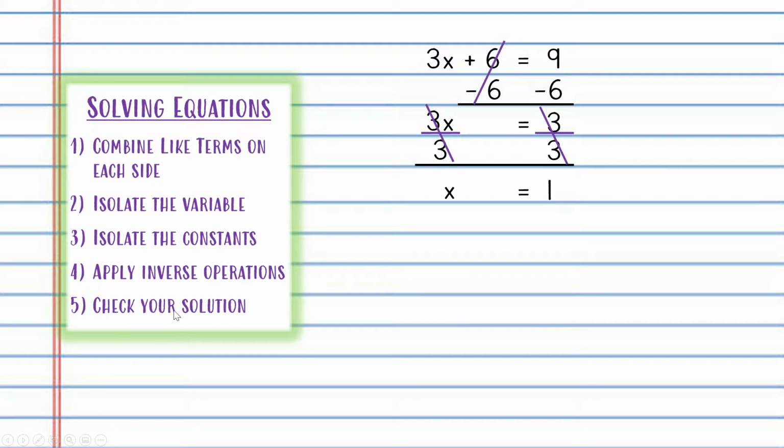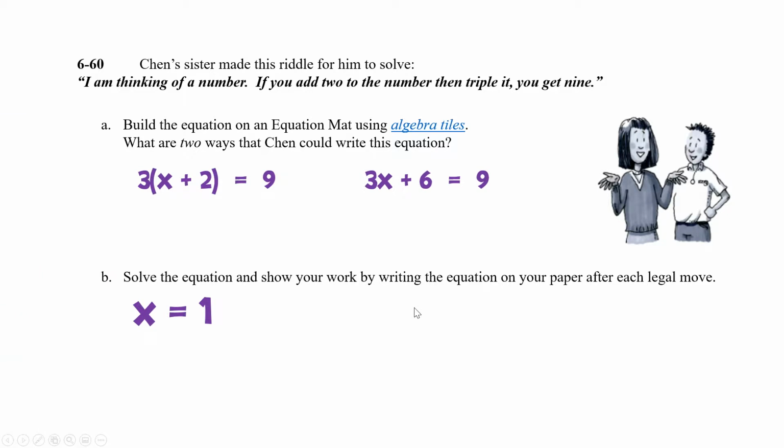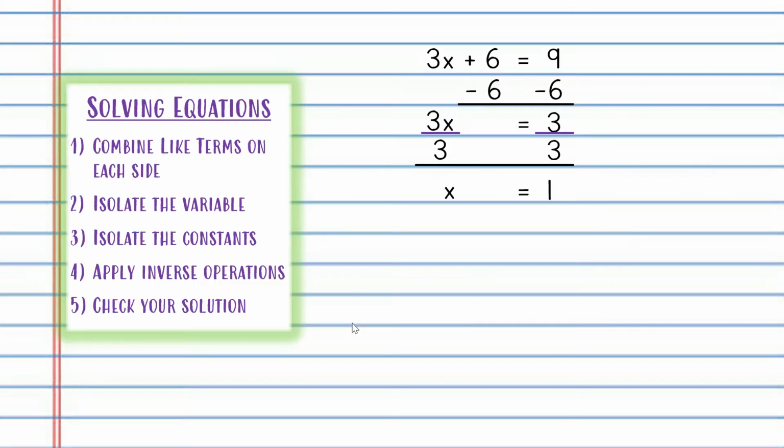I know step 5 is to check your solution, but we're going to come back to that in just a second. All right, so we solved our equation and found x is equal to 1. The second part of B, though, says that we want to show your work by writing the equation after each legal move. So if I go back to my steps over here, each legal move were the ones that I did here.